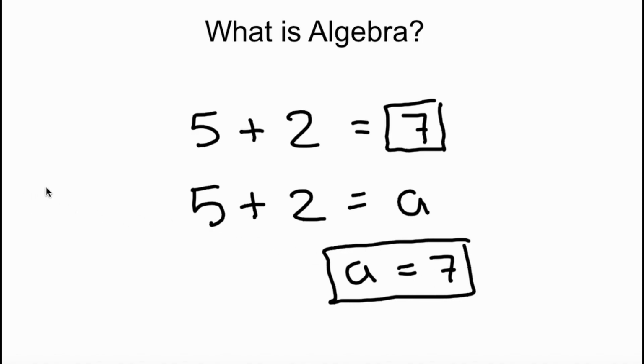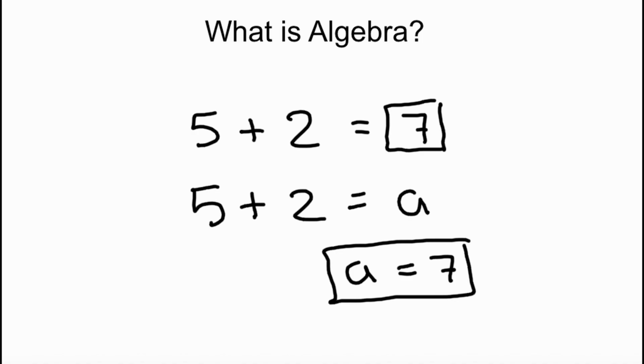Now you might be asking, why are we complicating things? Why do we need to use letters to represent these unknown values where we could just simply put in a square for the unknown value? Well, as you progress further and further into math, there will be more and more unknown values that you need to solve for.